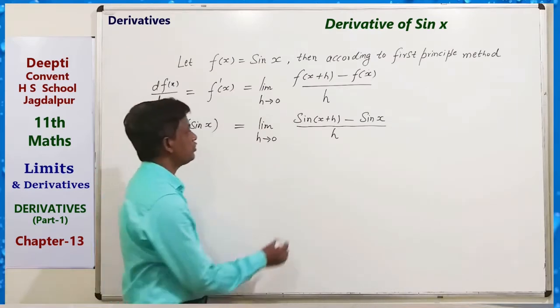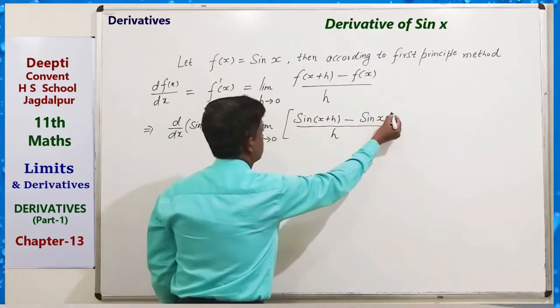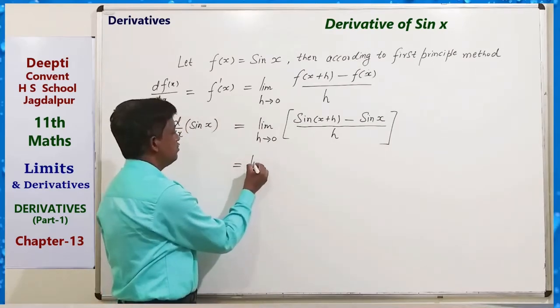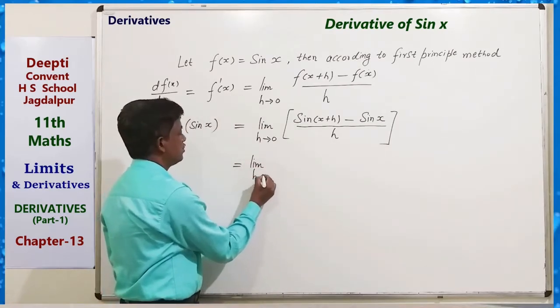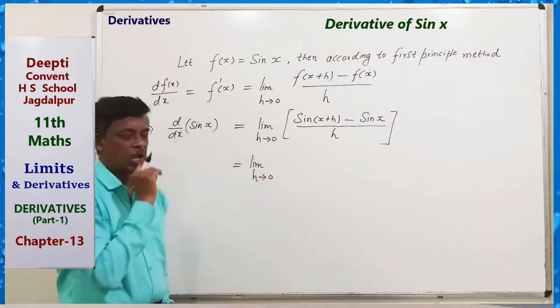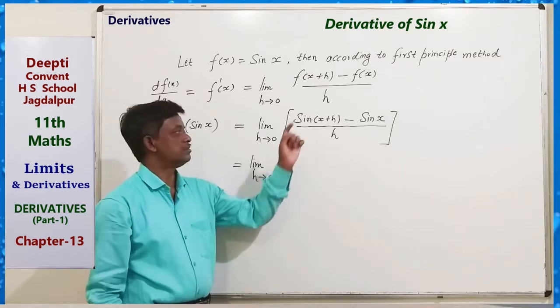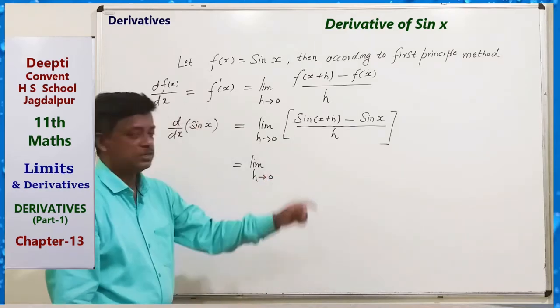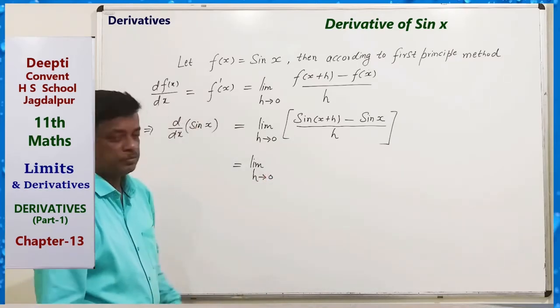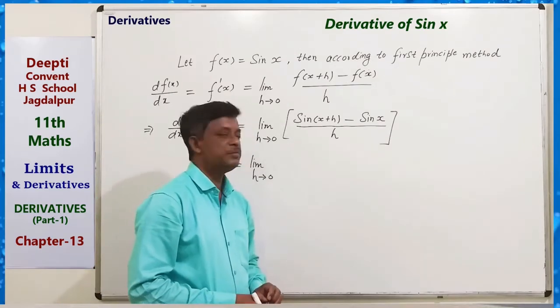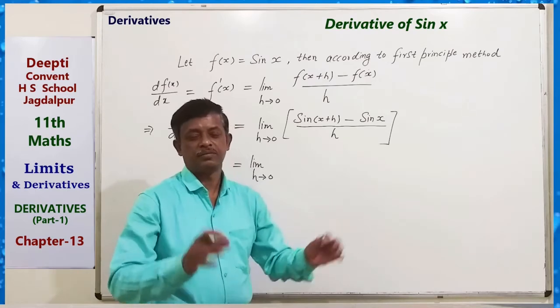Clear? So this equals limit h tending to 0. Our target is finding this limit as h tends to 0. So we know about limits. What is the method of finding the limit? Some of the formulas you know.